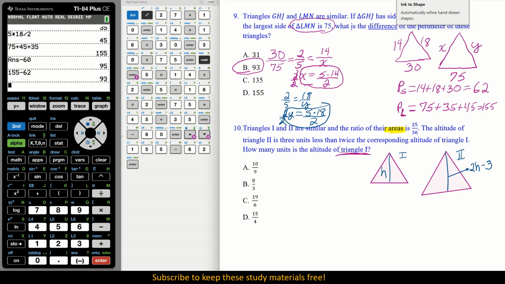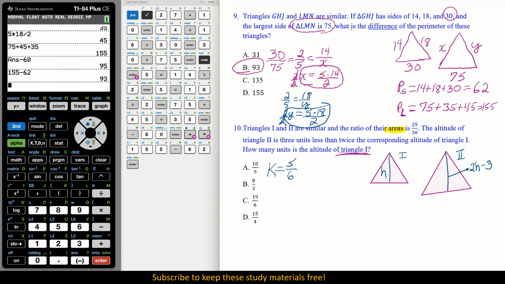So that means we really need k equals the square root of 25 over 36, which is 5 over 6. If you've watched the earlier videos, I'm skipping that extra step, but we've done several of them.